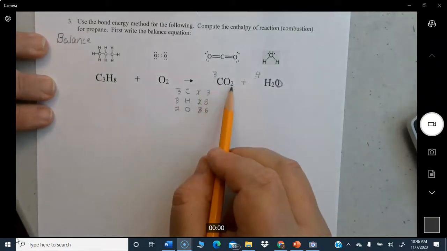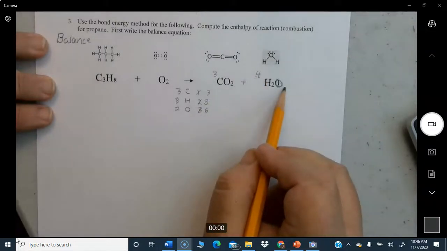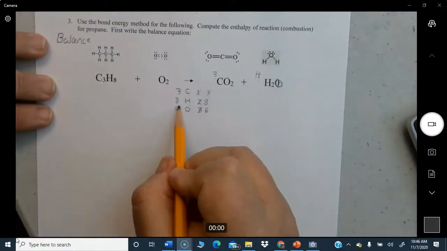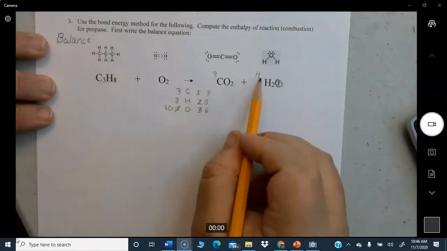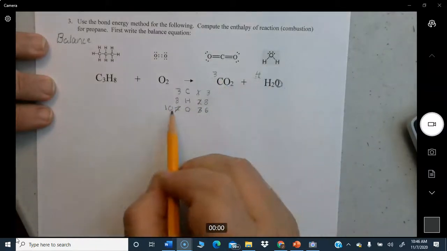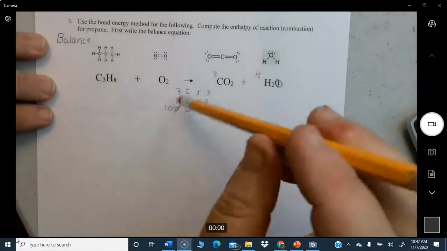So now we have 3 times 2 is 6, and 4 times 1 is 4. That makes this 10. Whoops, I put the 10 on the wrong side.